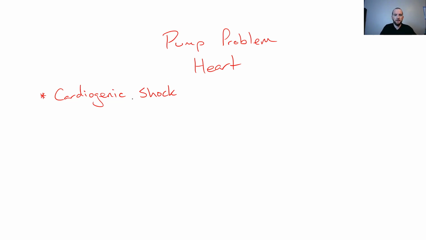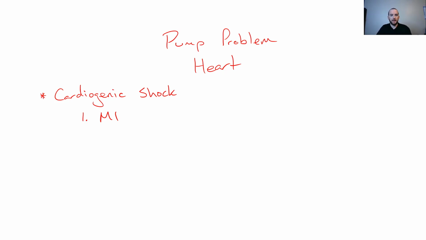Cardiogenic shock. Now, if the heart itself as a muscle is not able to pump strong enough, not able to pump well enough, then we can start to think about what could cause that. Probably the most common cause that will be given is somebody that had an MI, a heart attack.